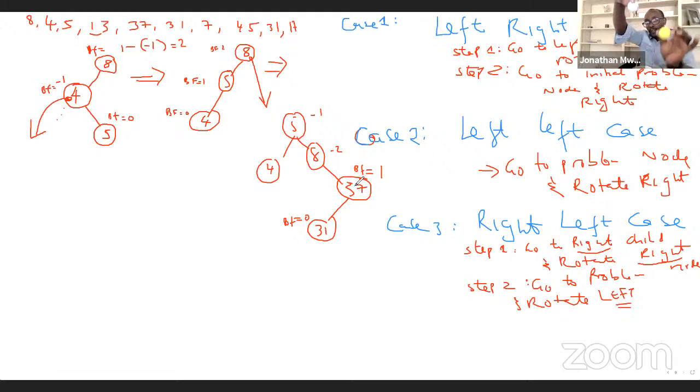So I'm pulling this that way. So 31, this one becomes the parent. So now, if you think about it, I'm putting this down. So my tree now will look like this: 5, 4, 8, that 31, and then that is 37.